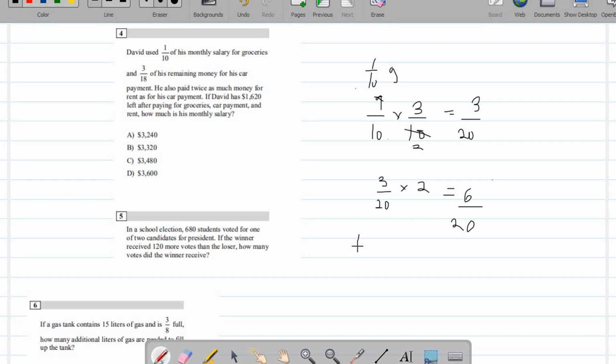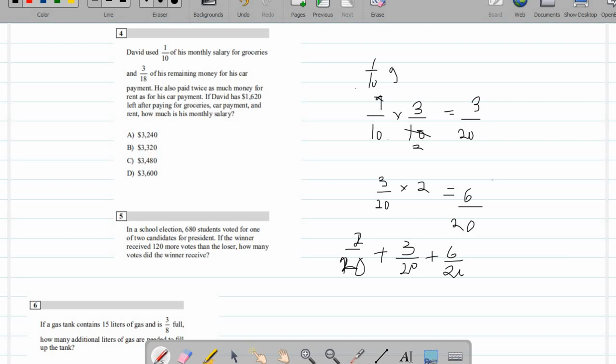If you add them all together, 1/10, which is the same thing as 2/20, plus 3/20 plus 6/20. Notice that I changed 1/10 to 2/20 because I wanted similar denominators to make our addition faster.